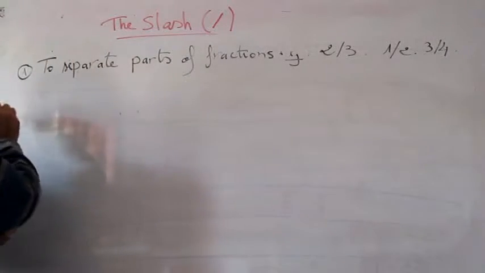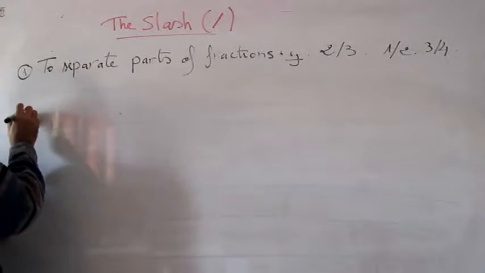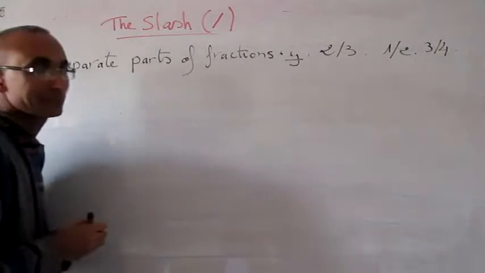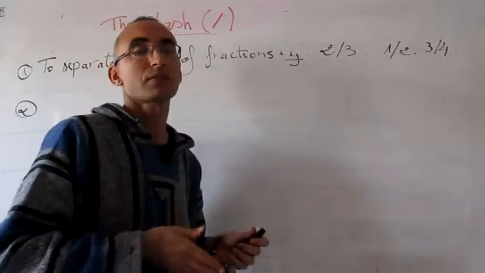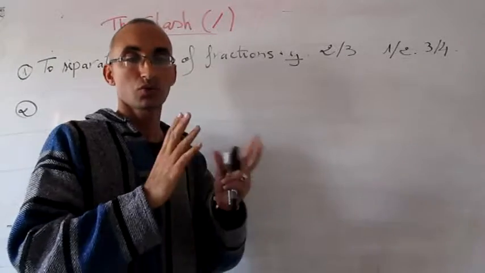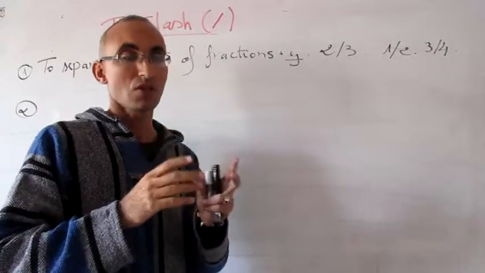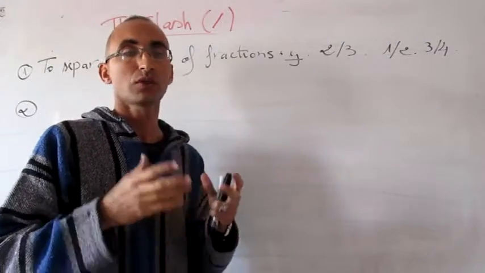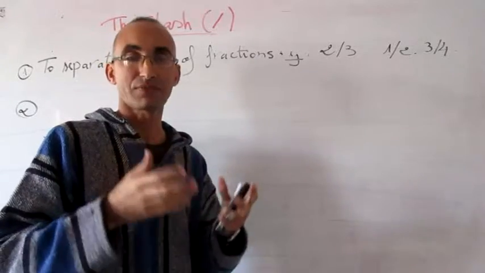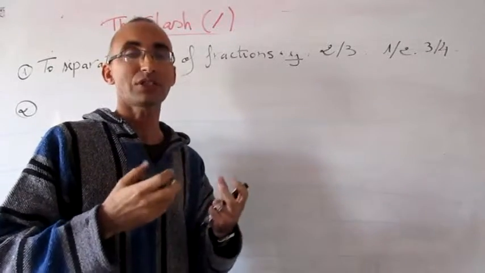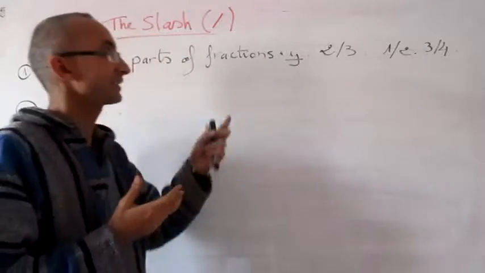Good. Also, another use in which the slash comes in the middle to separate and set off two items. Slash also is used to separate alternatives or items in choice. Here it indicates or.